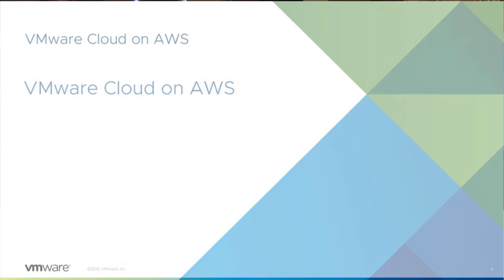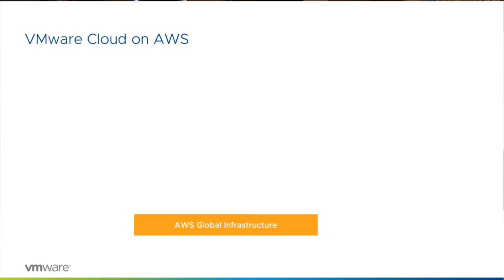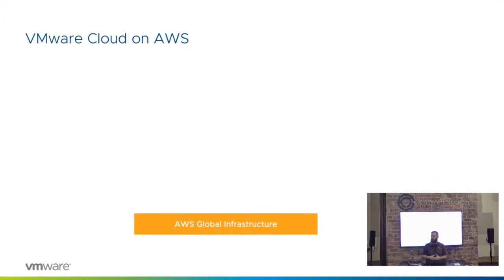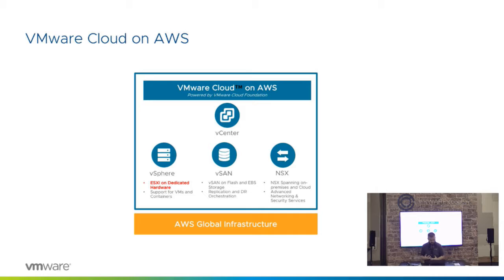So a little bit about the service itself. If you've never heard of VMware Cloud on AWS, or this is your first time really seeing it, let me cover this really quickly. Basically, we're starting off with the AWS infrastructure, and then on top of that, on bare metal that AWS has provisioned for us, we're building out our vSphere implementation.